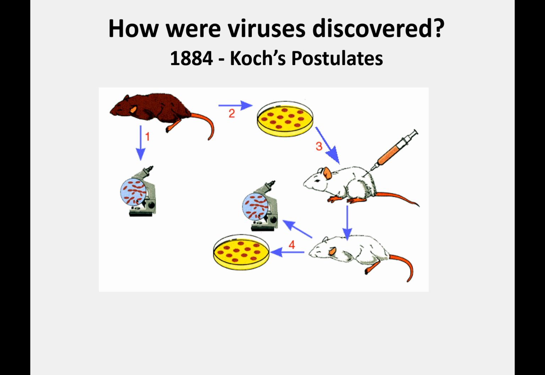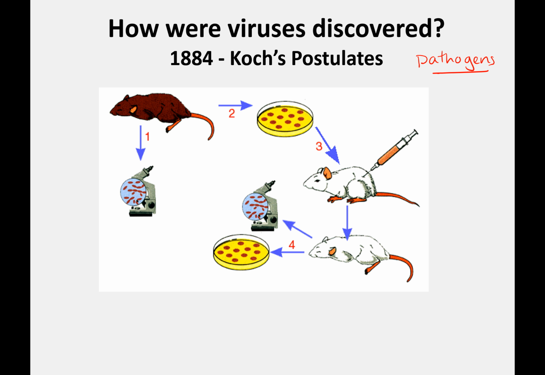All right, so you know a little bit about viruses. They're basically genetic material in a protein coat, capsid. How were they discovered? Well, most pathogens were characterized using Koch's postulates.